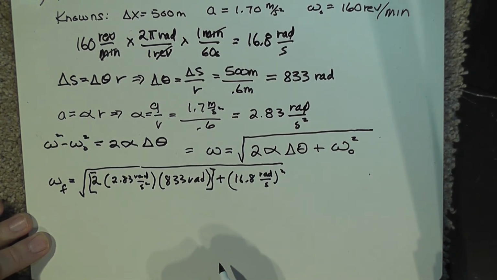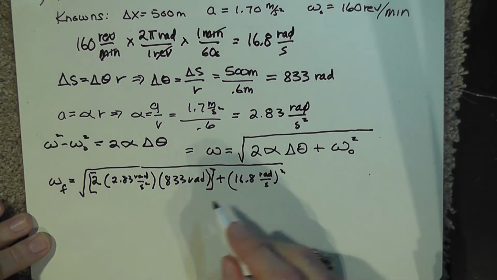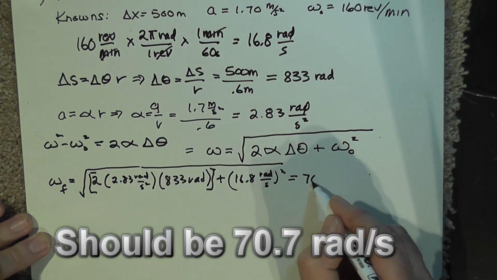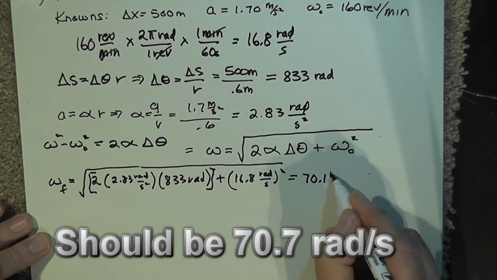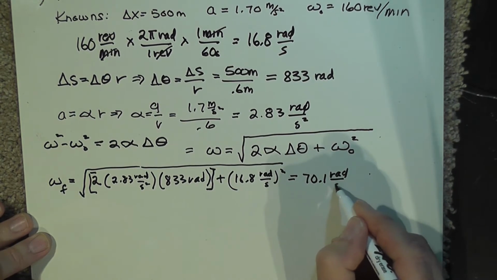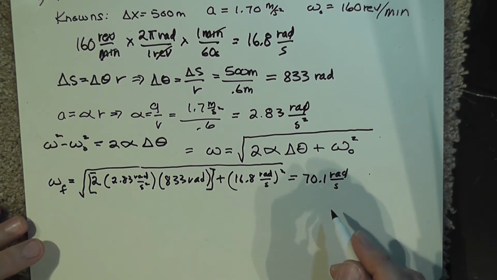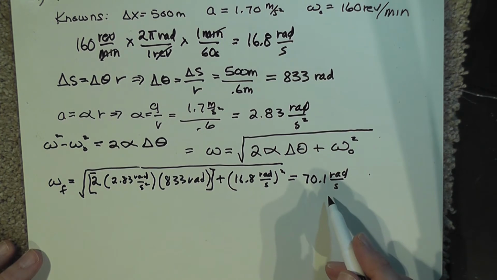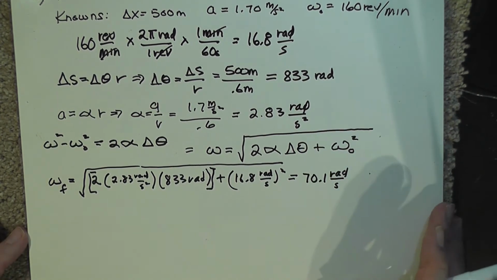And so now we can just solve the problem. When we use our calculators, we get 70.1 rad per second. So this is our final angular velocity of the drive wheel when we reach the 500 meters.